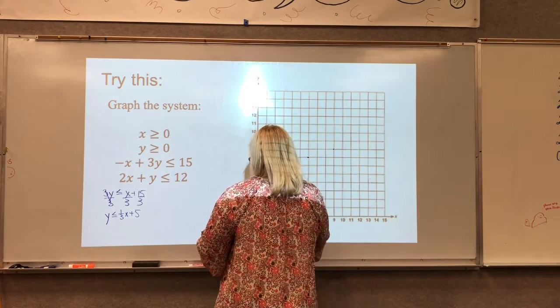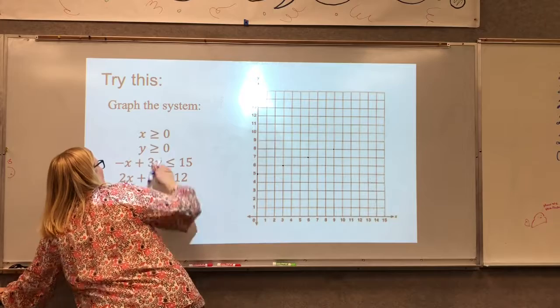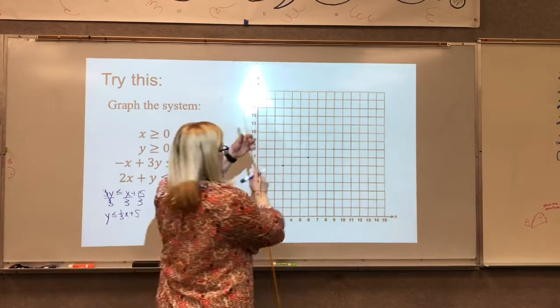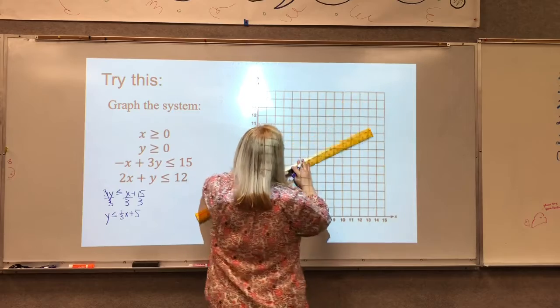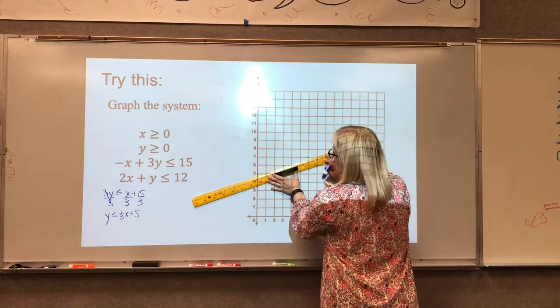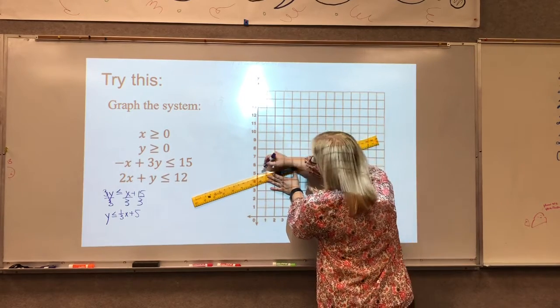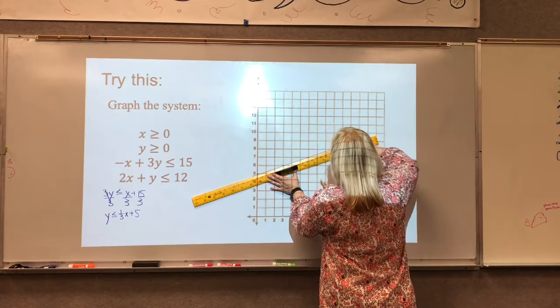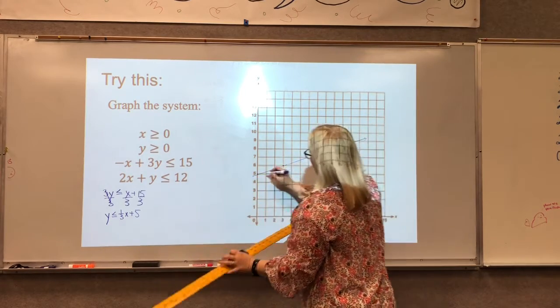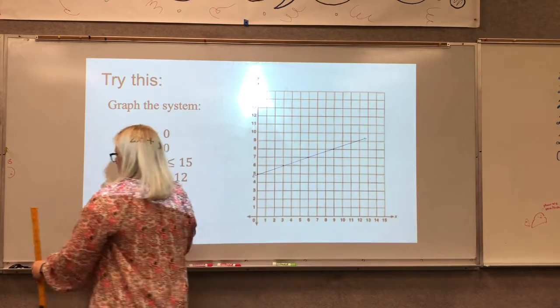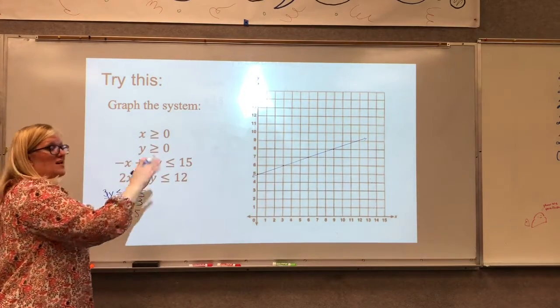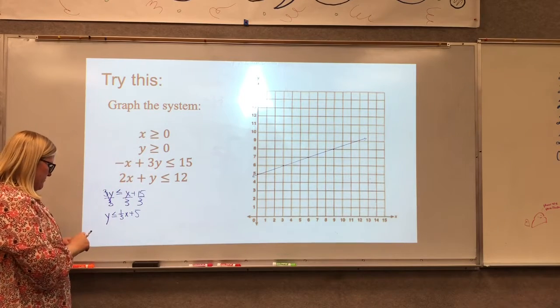And all of these are solid lines. Okay, so there's that one. And it's really important on these that we get them just right, because I'm going to show you something.